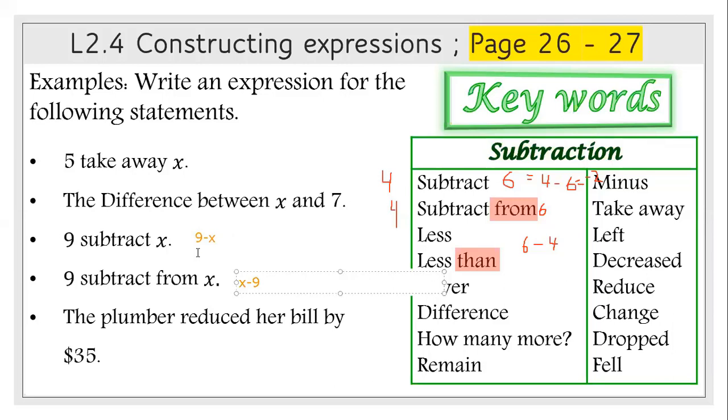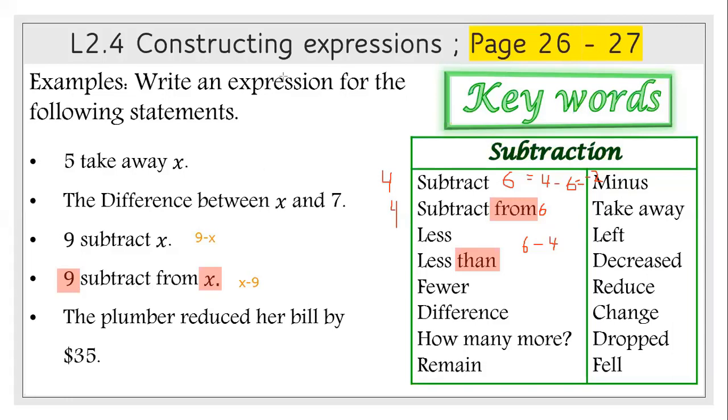But if you see the word from, you switch. You start from x, then you write subtract as a minus, then you write 9. This is the difference between them.